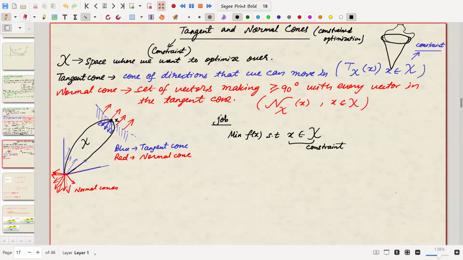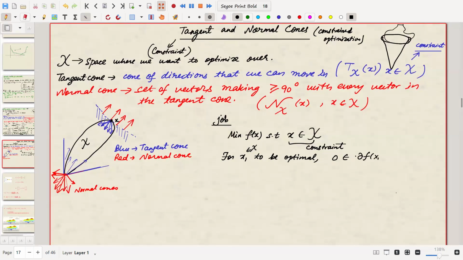Now we already know that for x1 belonging to this set X to be optimal, you need one thing: 0 should belong to the subdifferential ∂f at x1.